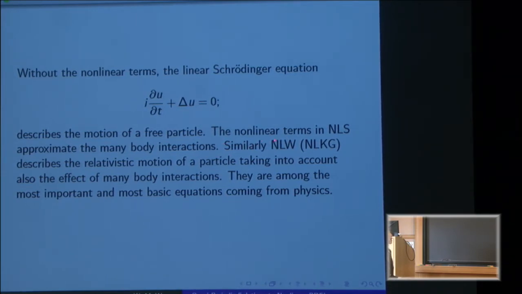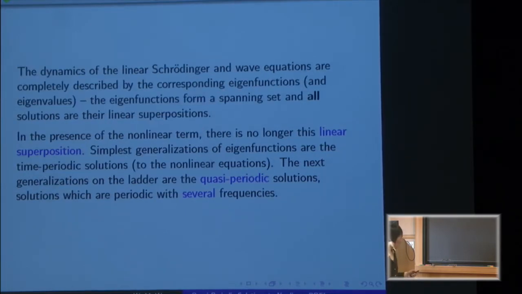And similarly, the nonlinear wave equation, it's also called nonlinear Klein-Gordon equation, which I'll explain in this case. It describes the relativistic motion of a particle, taking into account also the effect of many-body interactions. Okay, so they are among the most important and most basic equations coming from physics. So this is one of the reasons why we are studying this.